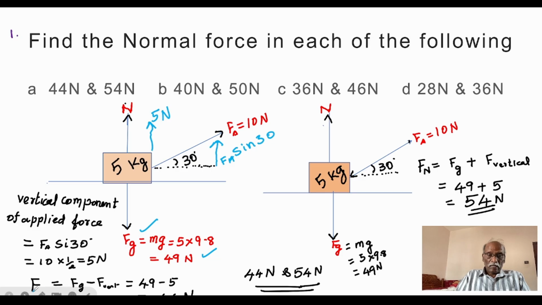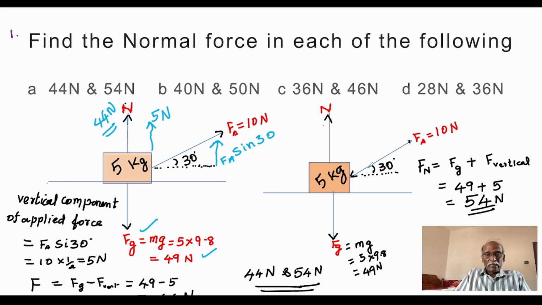Therefore, normal is equal to Fg, gravitational force, minus the vertical component, that is 49 minus 5, which is 44 Newton. So 44 Newton is the net normal force acting upward. Okay, in this case.